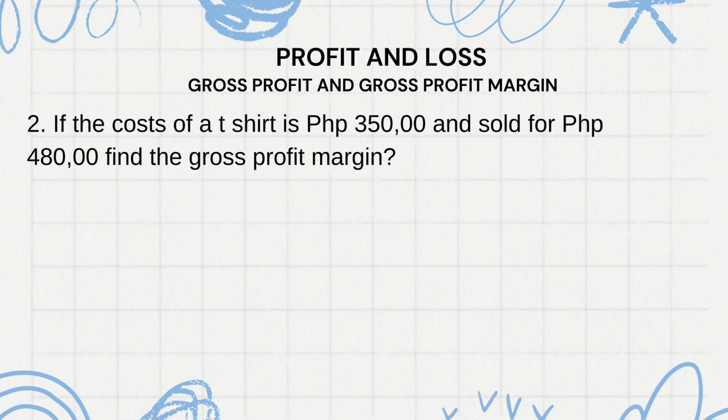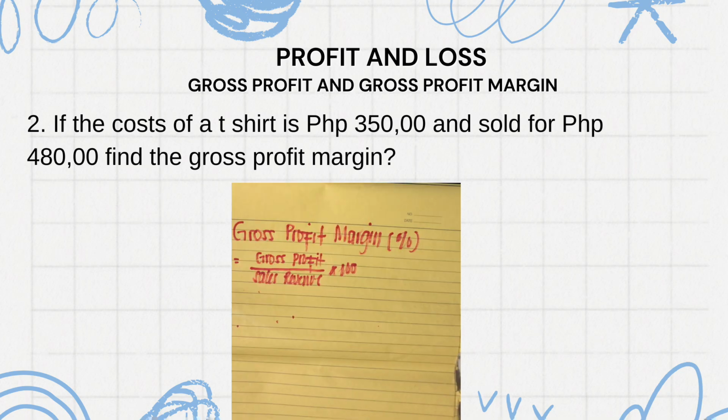After solving the gross profit, next is the gross profit margin. If the cost of a t-shirt is $350 and sold for $480, find the gross profit margin. Next, solve the gross profit margin using the same problem.